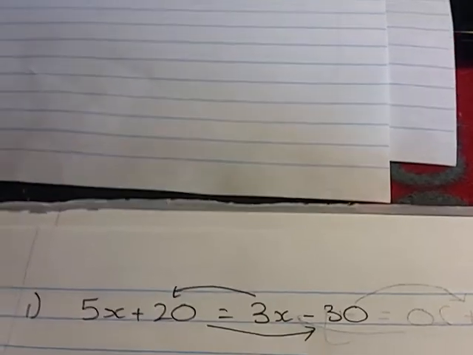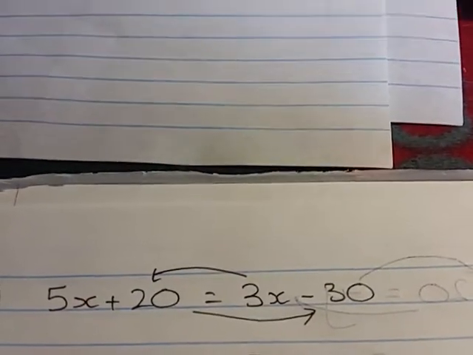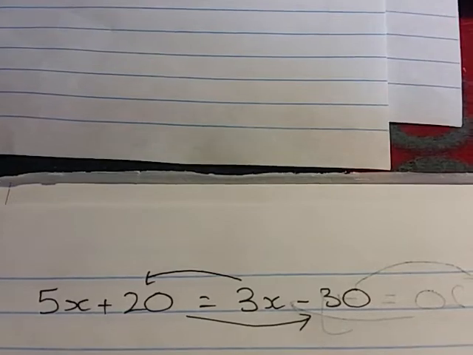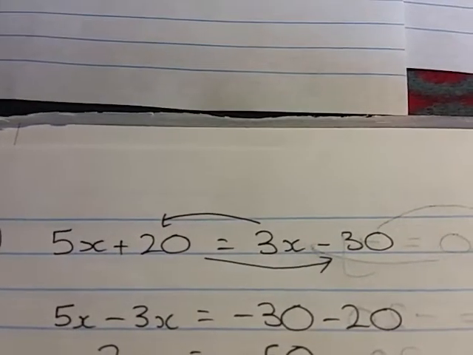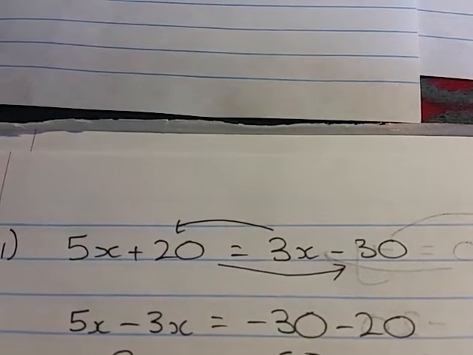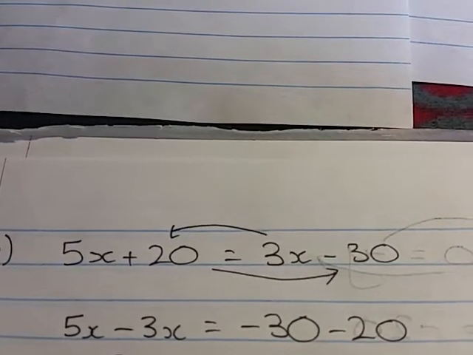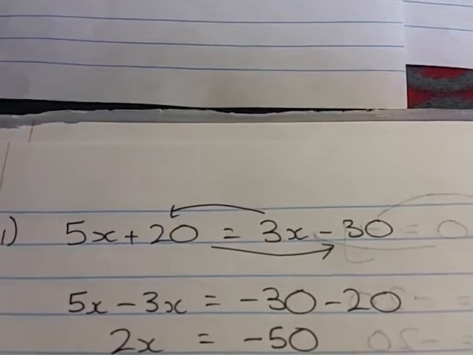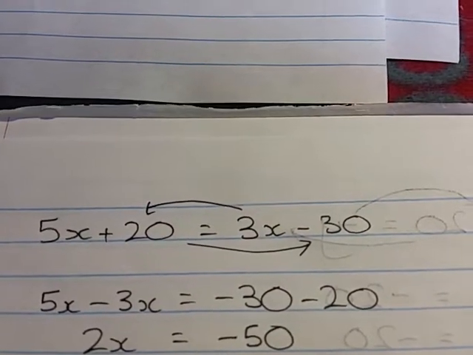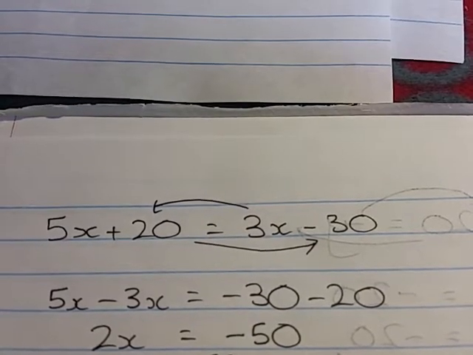It's straightforward like that. But anyway, I'm putting my 3x on the left hand side, which means I will be bringing the 20 to the right. The 3x will then turn into a minus 3x, and the 20 will turn into a negative 20. So 5x minus 3x gives me 2x, and negative 30 minus 20 will give me negative 50.